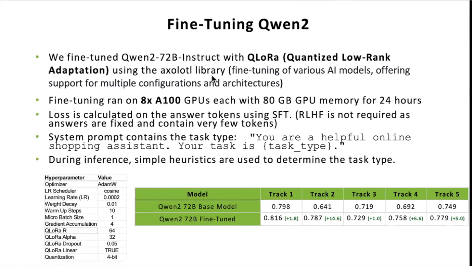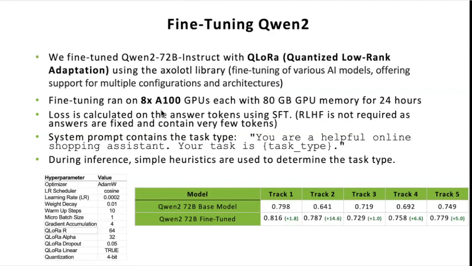I looked at it, and it seems like a pretty easy-to-use library that supports the fine tuning of various LLM models, including Llama models, Qwen models, Mixtral models, etc. It's one library, one framework to fine tune various types of models, and it also offers support for multiple configurations. For example, if you want to fine tune with QLoRA, it's kind of one config for exactly what technique you want to use.